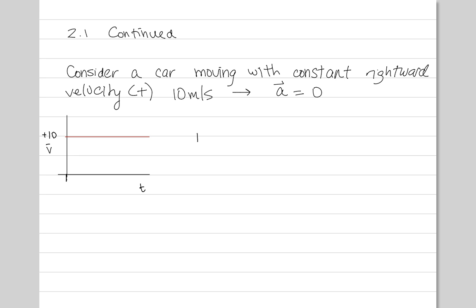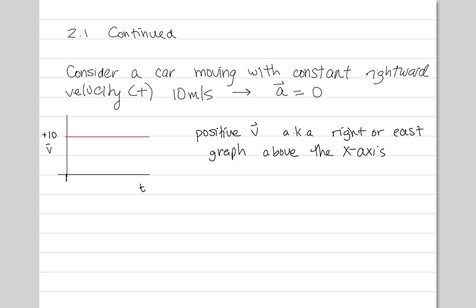So a positive velocity, aka right or east, however you want to look at it, then your graph is above the x-axis, like in the positive region of the graph for the y values, right?